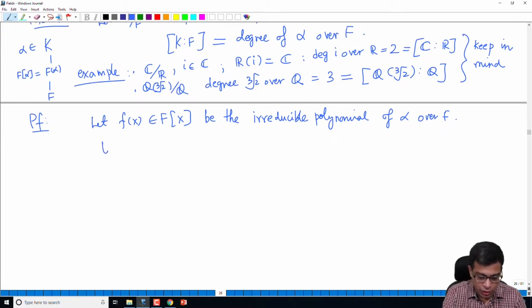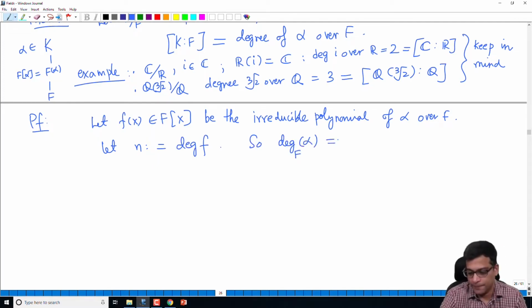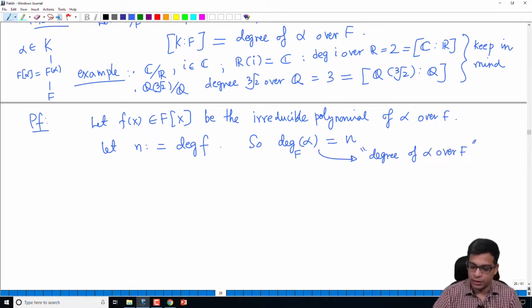Let the degree of this polynomial be n. So the degree of alpha, I will write it like this for simplicity, is n. This symbol here stands for the degree of alpha over F. It's a convenient way of writing that.